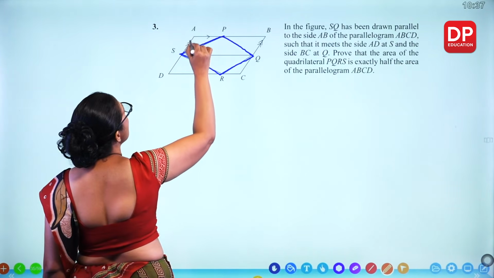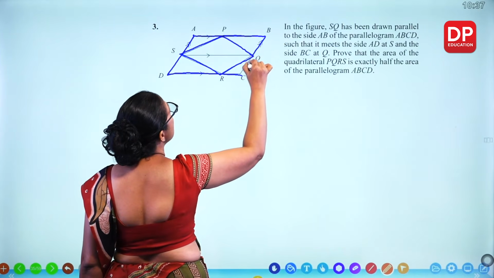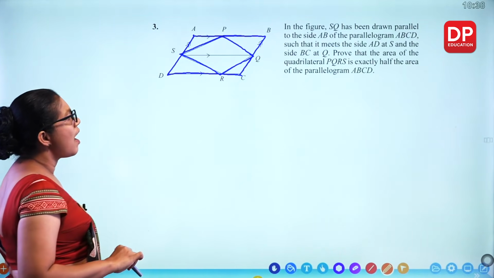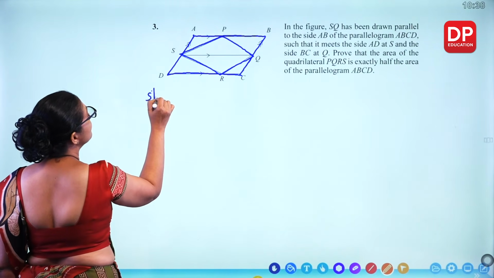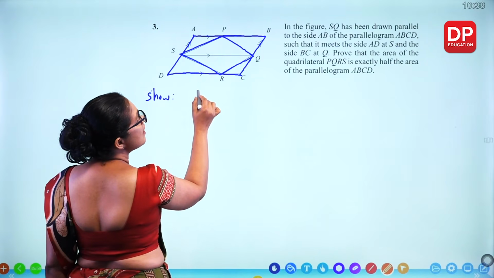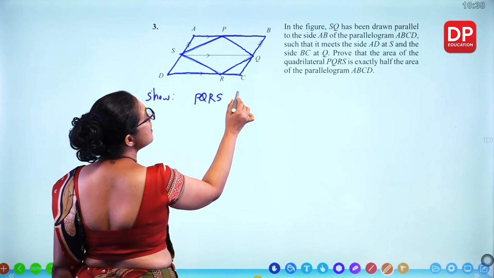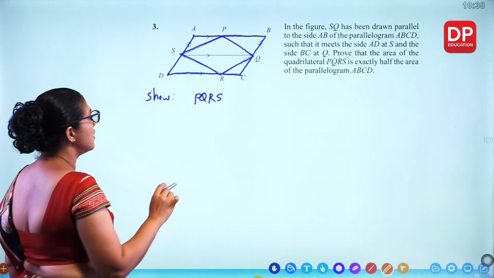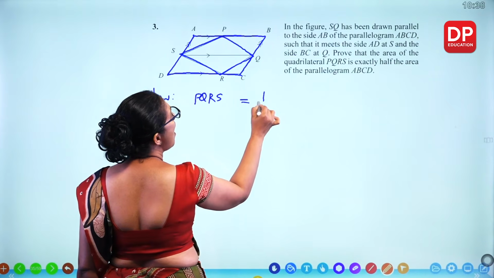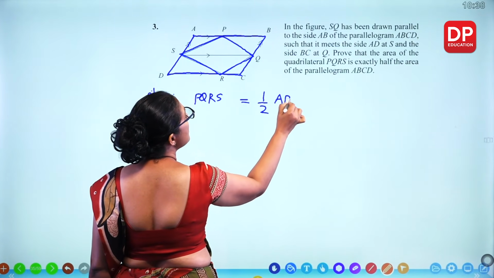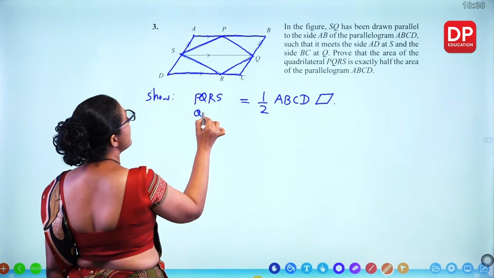So you have to show that. If you take the big parallelogram, this area is half of that. So you need to show that PQRS quadrilateral area is exactly half of ABCD parallelogram.